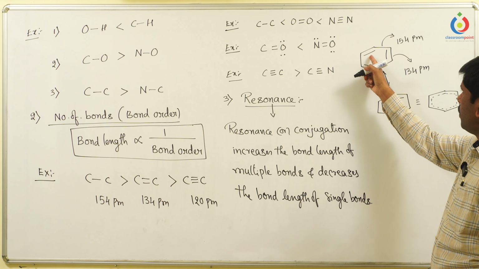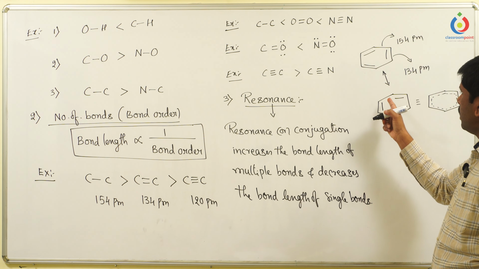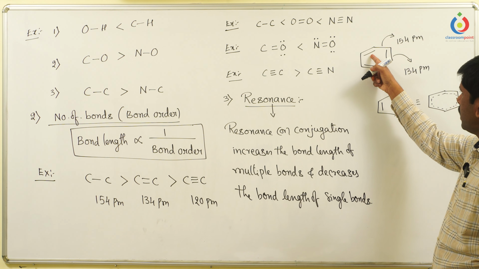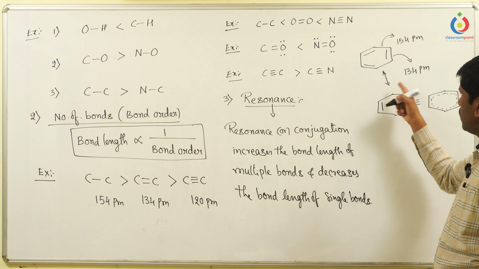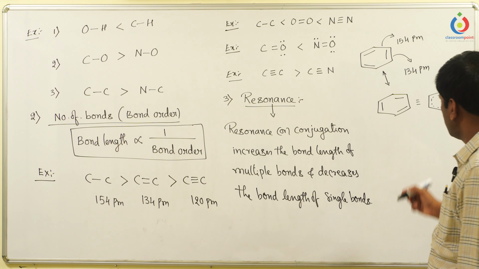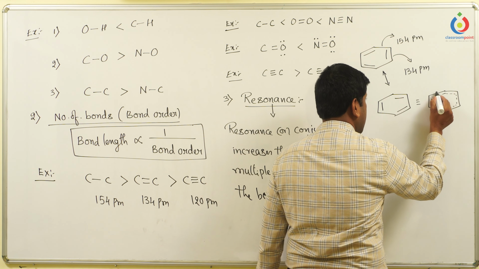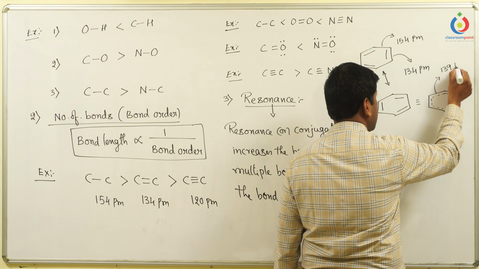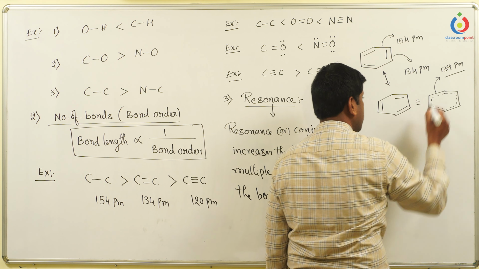See here, the double bond is here in this structure and the single bond is here. That means the pi bond is sometimes located here, sometimes located here, so it keeps on moving. That gives the partial double bond character. The exact carbon-carbon bond length in benzene is 139 picometers.